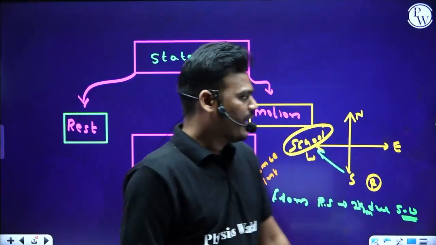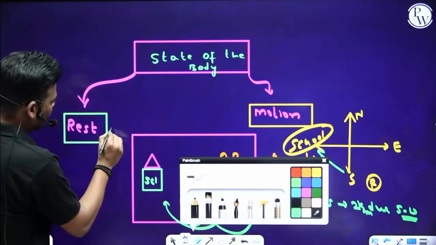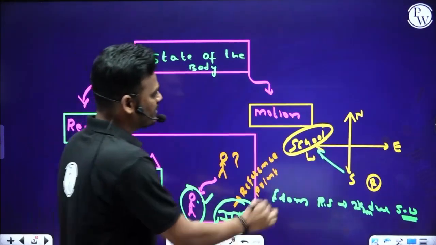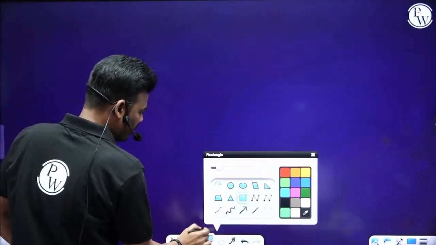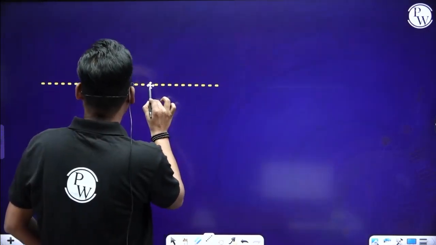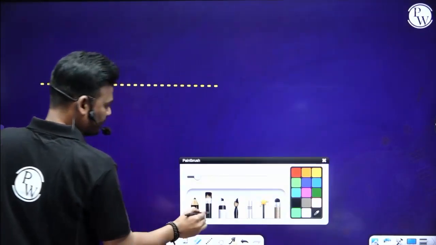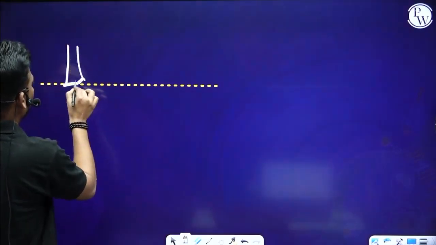Got it? Now let's try to understand the first term, that is rest, and the second term, motion. First, let's consider one situation where there is a tree.